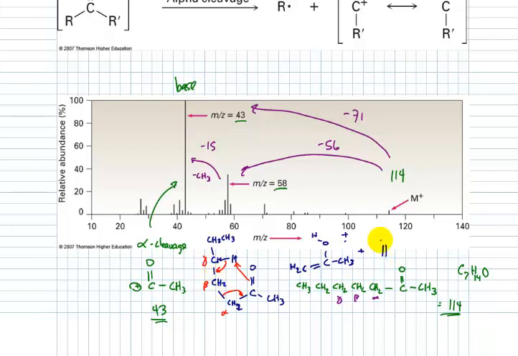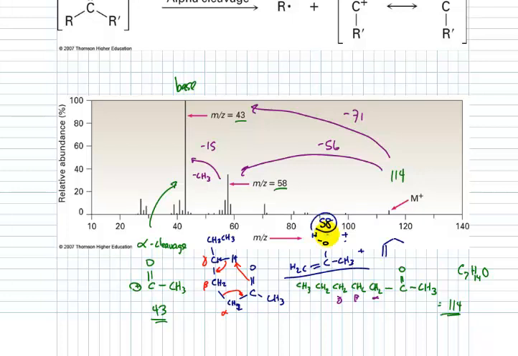Double bond, then CH2, CH3. So is that 58? C3, 12, 24, 36, and 16 is 52, 3, 4, 5, 6, 7, 8. There's our 58.